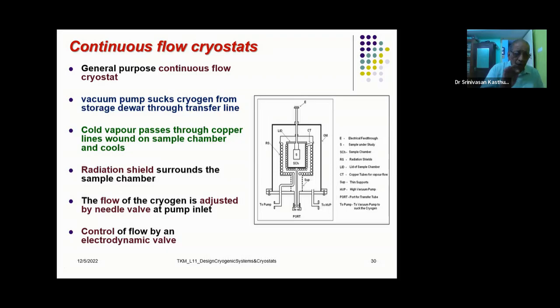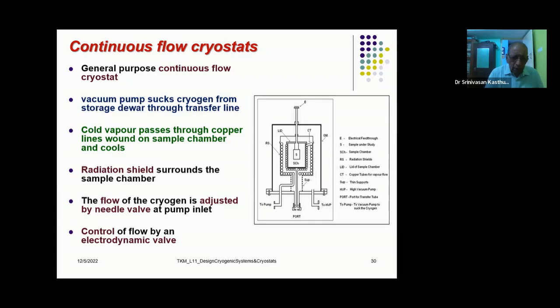Now the vacuum pump sucks the cryogen from the storage reservoir through the transfer line. The cold vapor passes through the copper lines wound over the sample chamber and cools it. The radiation shield surrounds the sample chamber, and this radiation shield is also cooled by the outgoing vapor from the sample chamber.